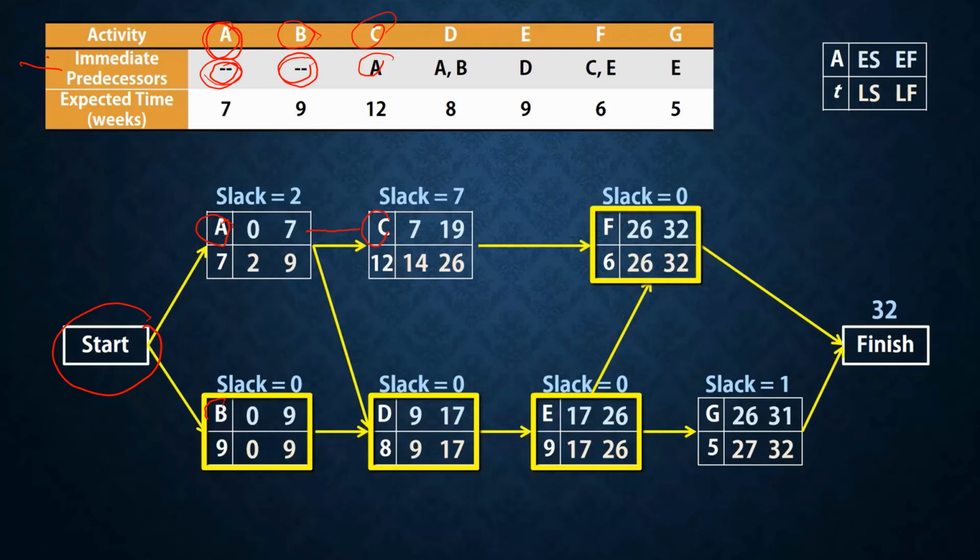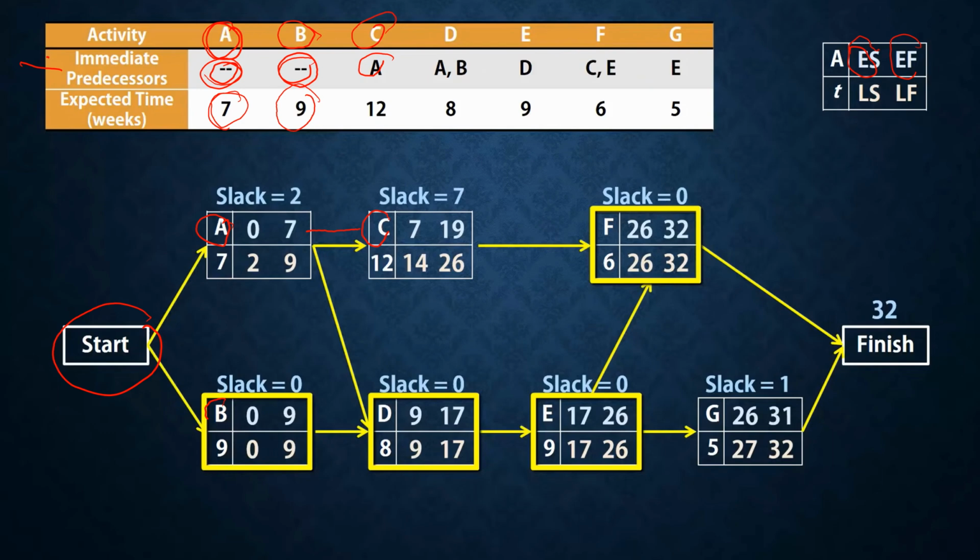Now we will calculate the time for early start and early finish. A requires 7 weeks and B requires 9 weeks.